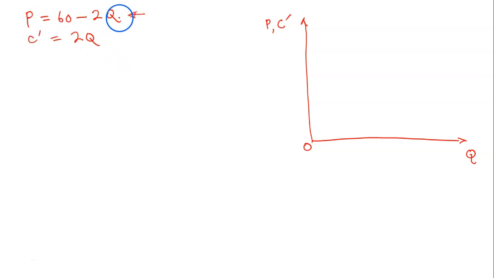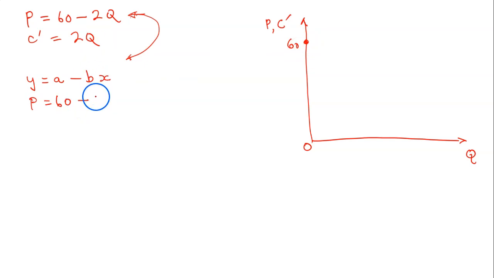We know this has the form of a linear equation: vertical axis variable, horizontal axis variable, A is the vertical intercept, B is the slope. The vertical axis intercept is 60.